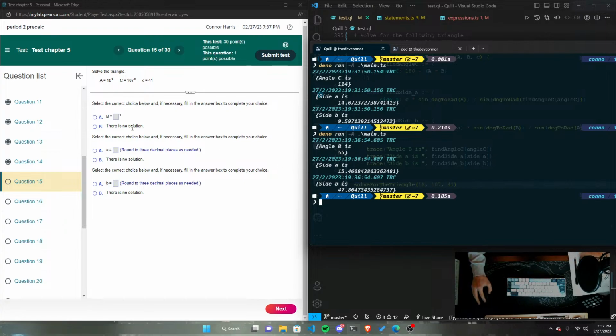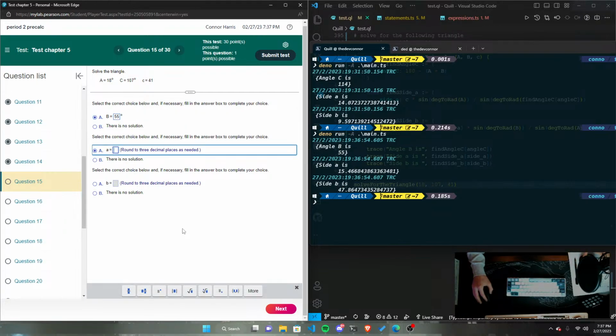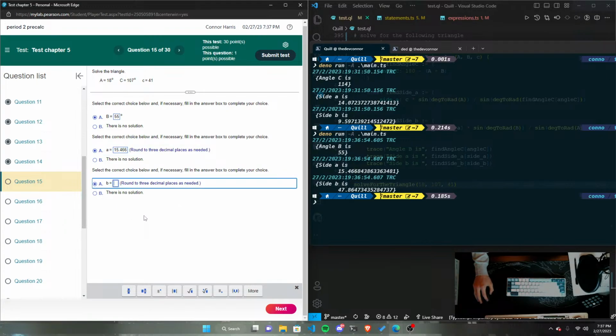Alright, I can trust that number. 55, an A. Okay. 15.466. So we have angle, side. And then B is 47.865. Next one.